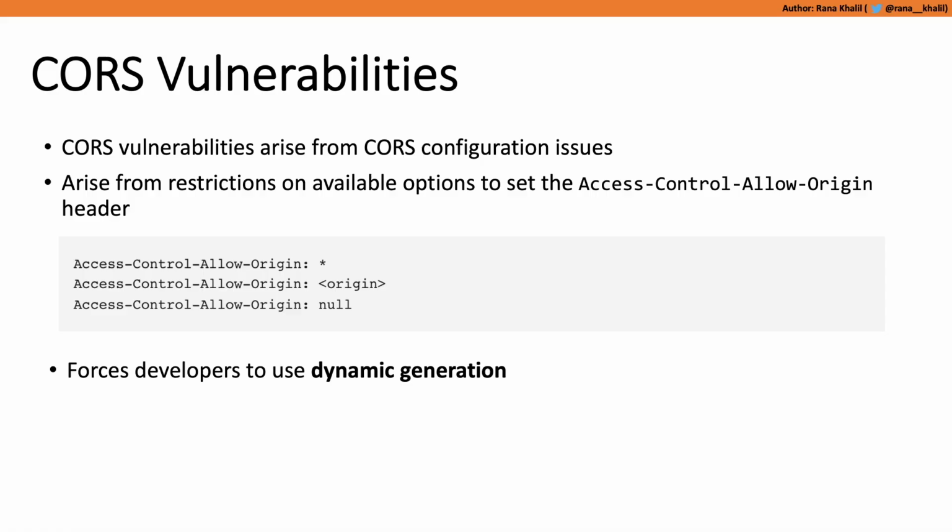So if you want to trust multiple origins, you're left with dynamically inspecting the origin header from the request and deciding if you trust it. Now, if you trust it, you reflect it back to the user. The portion of that process that introduces the security risks is the logic of the code that decides how to determine if an origin is trusted by your application.